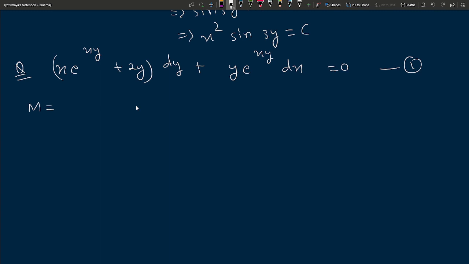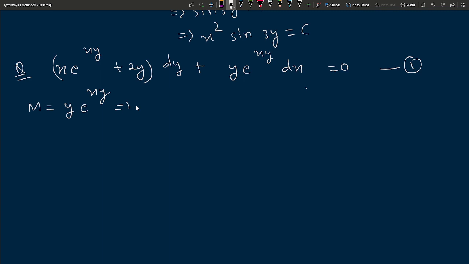In this question you can be confused, because m is actually the term which is multiplied with dx. Don't write the first term as m or as n, as many students do. M is what is multiplied with dx. So what is multiplied with dx? y into e to the power xy. So m is your y into e to the power xy.